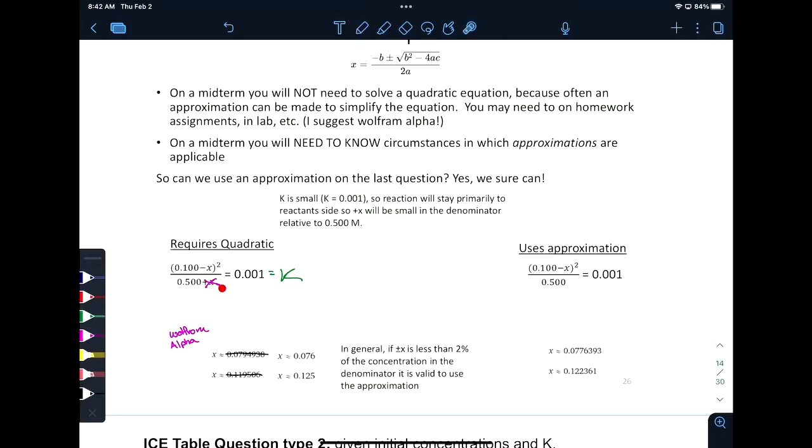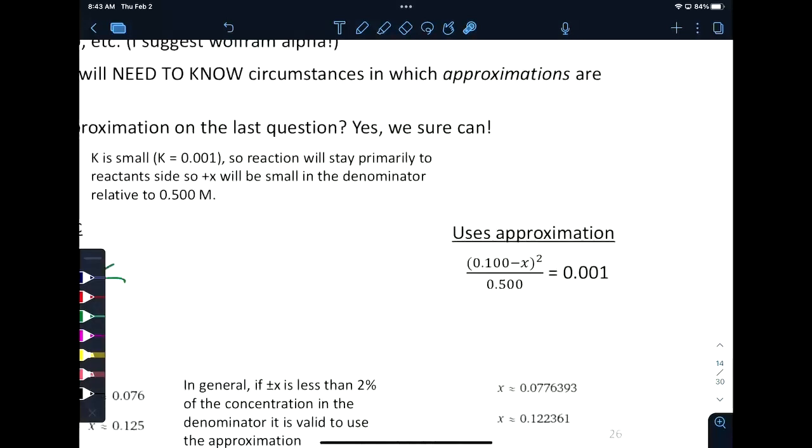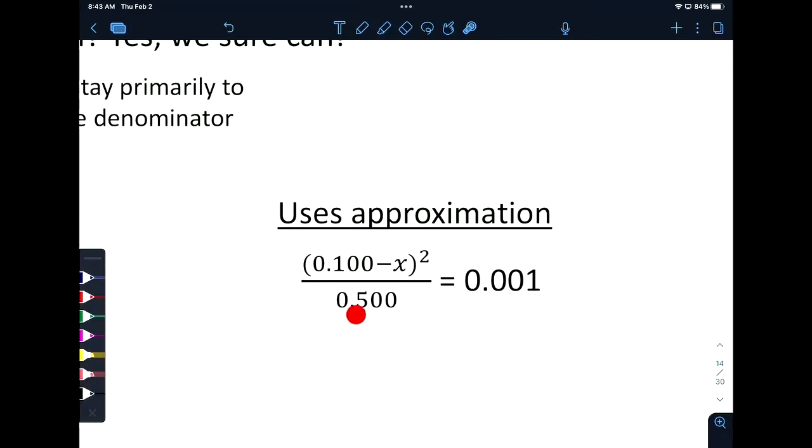If you ignore that bottom x, then the expression turns into this. Do you need the quadratic formula to solve this? No, you don't. All you have to do is multiply both sides by 0.5, take the square root of both sides, and solve for x. So this does not require the quadratic formula.